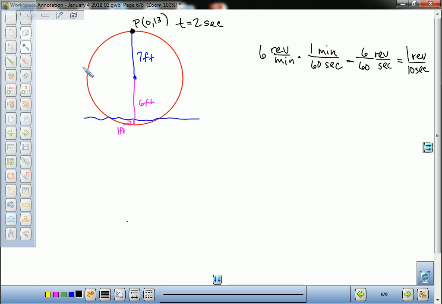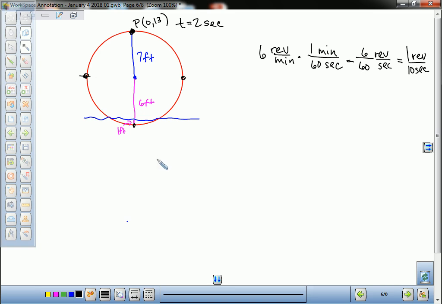They asked me to write this as a sinusoidal curve, so I'm converting this to trig. I'm thinking about what this is going to do as it goes around. Can I divide it up like the unit circle that I know and love?